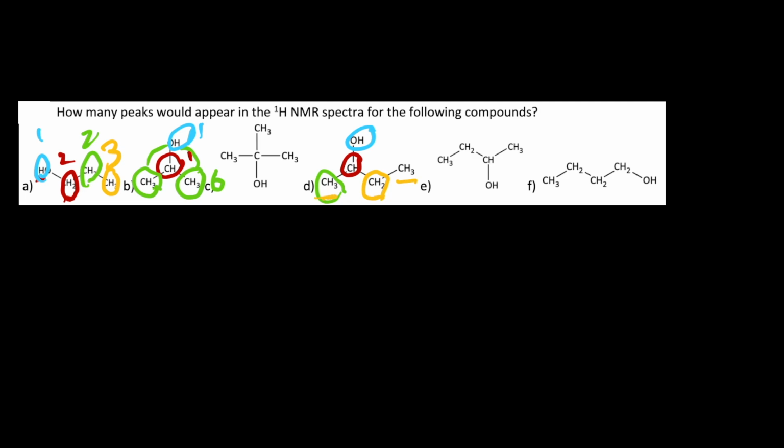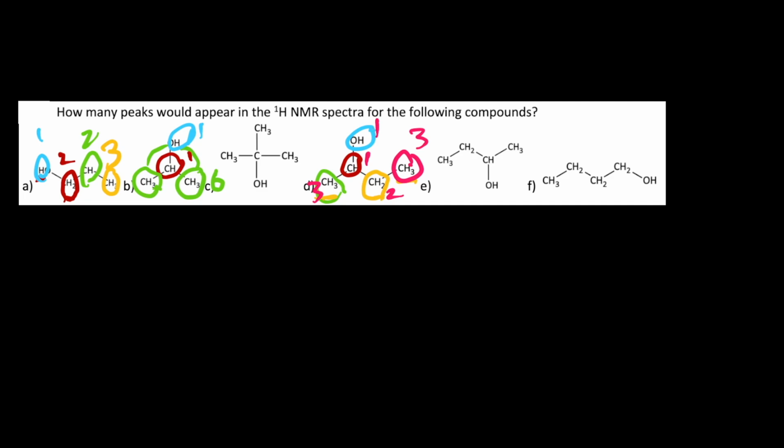So they're different. And this CH3 is a different one because it's a different chemical environment. So this one would be 1, 2, 3, 4, 5 different hydrogens that would integrate to 3, to 2, to 3, just 1 for that one, and just 1 for that one. That would be the size of the area underneath those peaks. But we would expect to see 5 different peaks for that one.